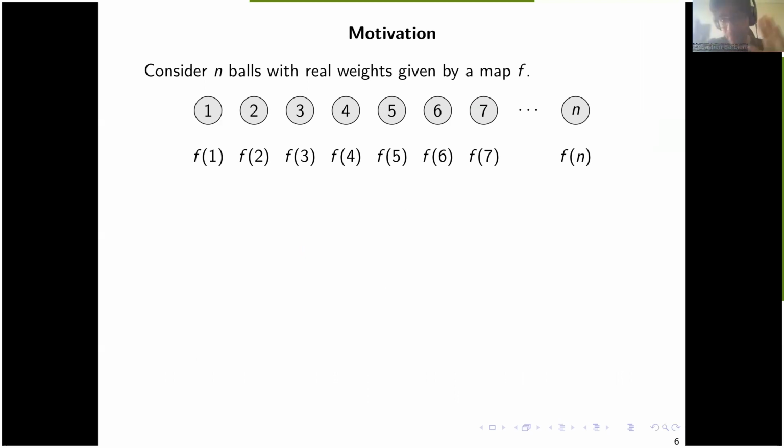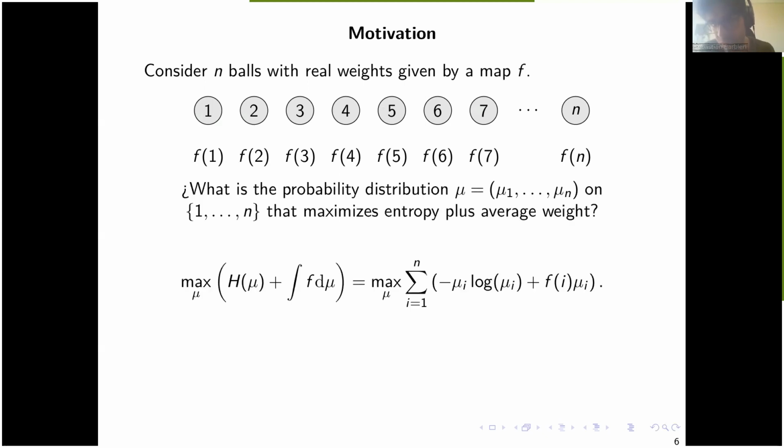So let me just give you the premise of thermodynamical formalism in a nutshell. Forget about everything I said before, and consider n little balls, 1, 2, 3, up to n, with some real weights given by a map f. What is the probability distribution on these n balls which maximizes the entropy of the probability distribution plus the average weight with respect to that measure?